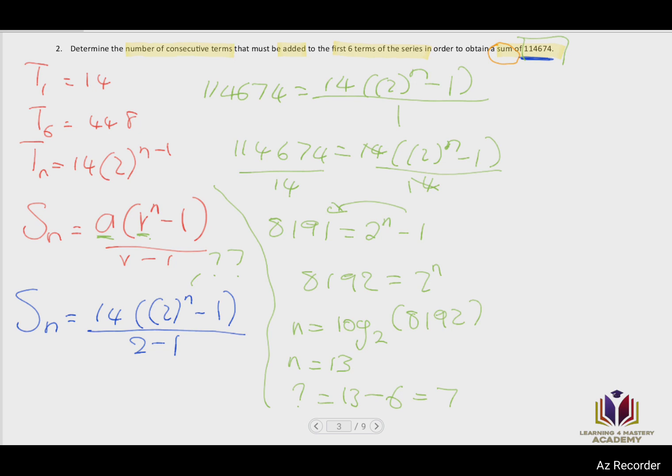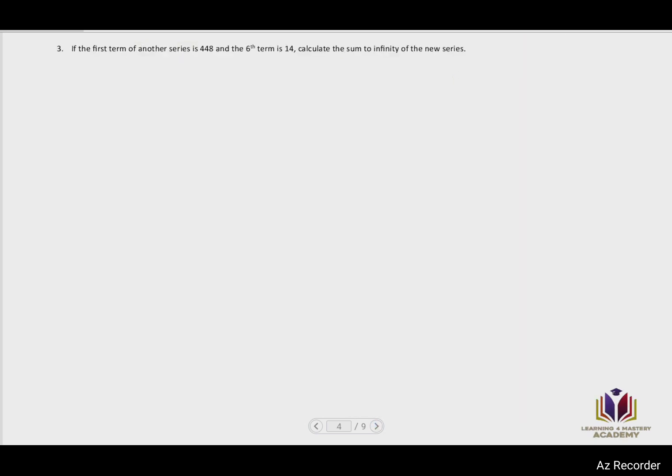Then we looked for the n. Why? Because the n includes all the terms involved in calculating that sum, which ended up being 13. Then we subtracted the 6 from the 13 to get the unknown number of terms. Okay, I hope that's clear.